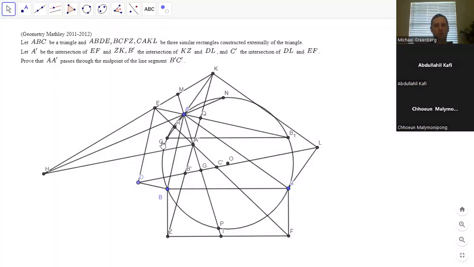Isn't it obvious? Because... So yeah, we have a couple different ways of thinking about it. So let's see, P and N. Okay, so PNB1C1. Yeah, there's nothing special about that.